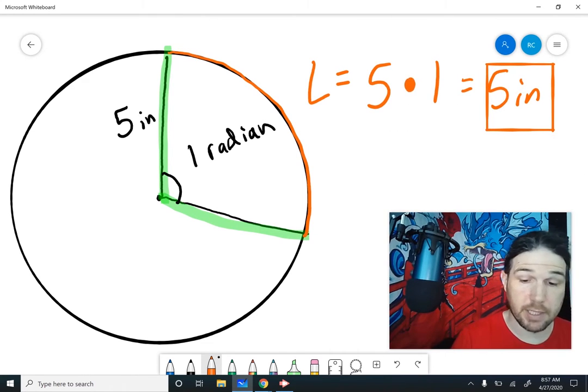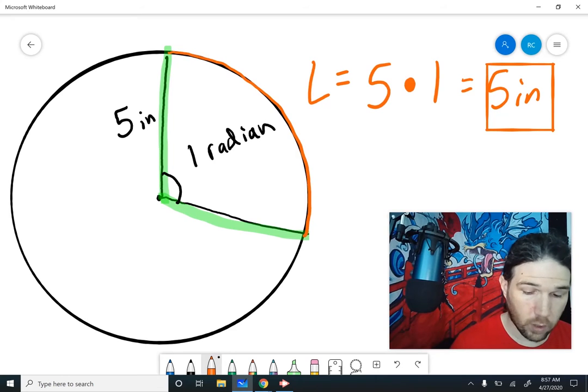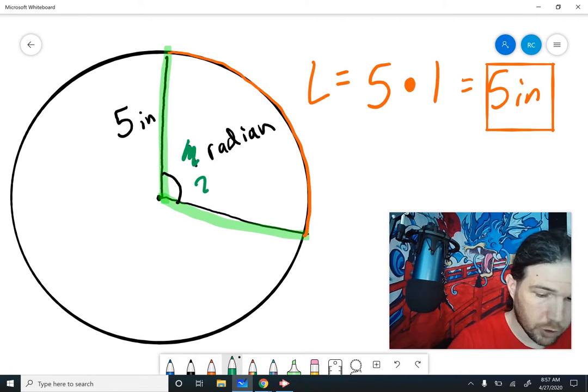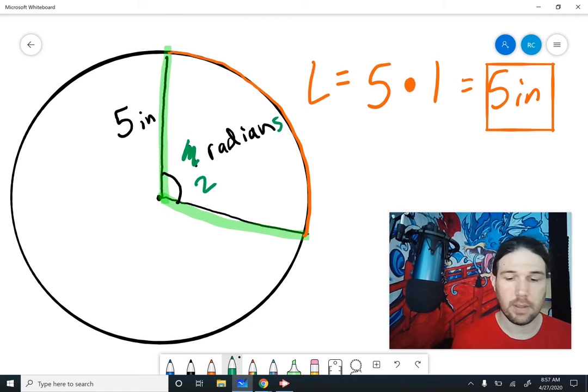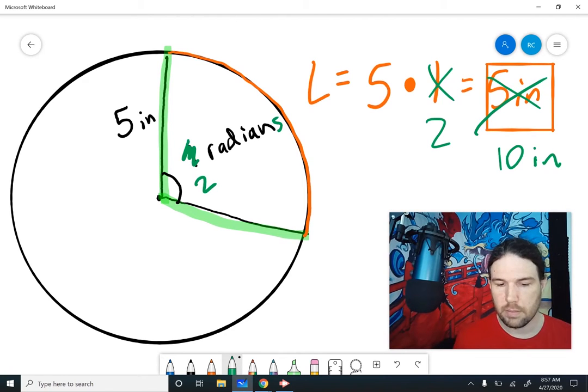That's a times, not a decimal. It's 5 times 1. If this was 2 radians, then the length of the arc would be 5 inches times 2, which is 10 inches. I hope you can see how this process is arithmetically much simpler.